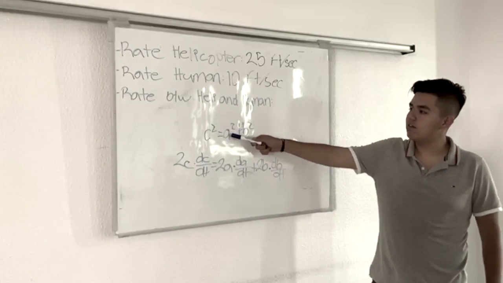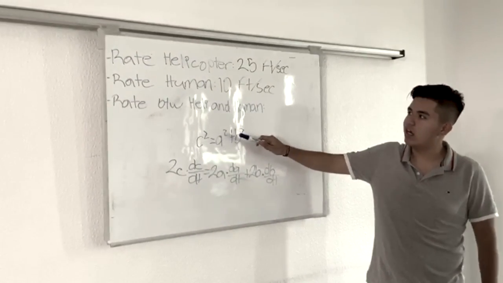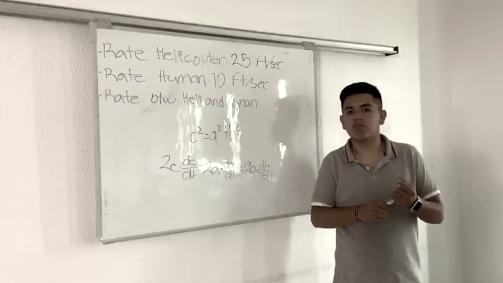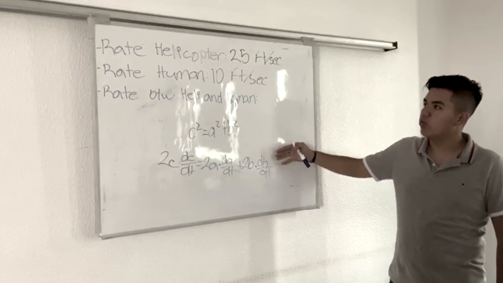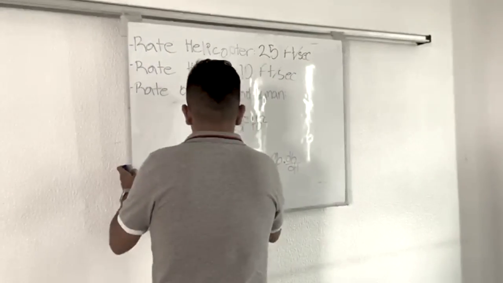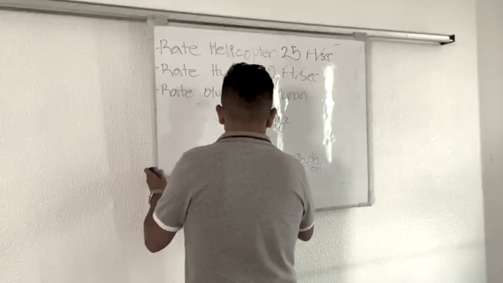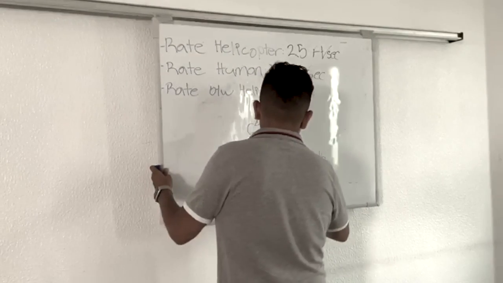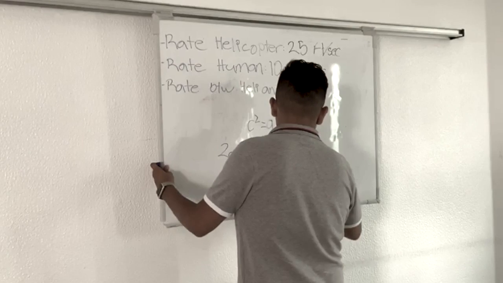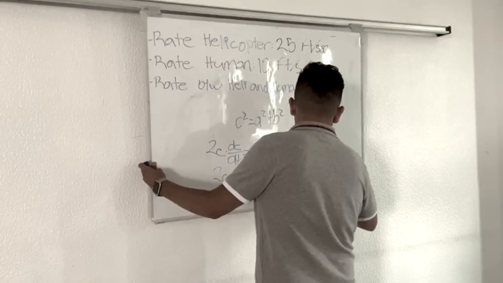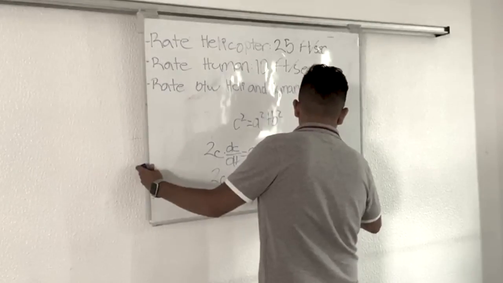In this, this is the rate of the helicopter and this is the rate of the human. Then we need to replace the derivative with the rate of the things. So it is 2c times dc over dt equals 2a times 25 plus 2b times 10.